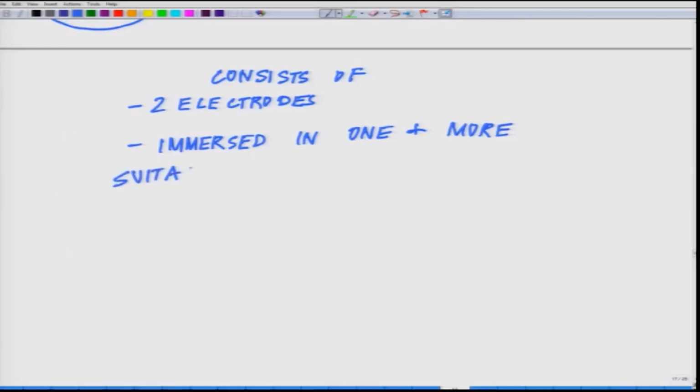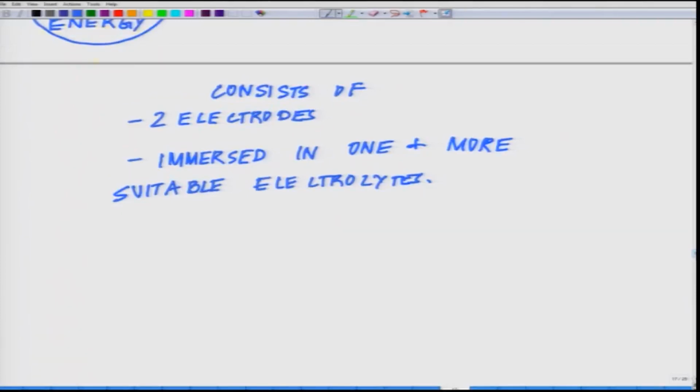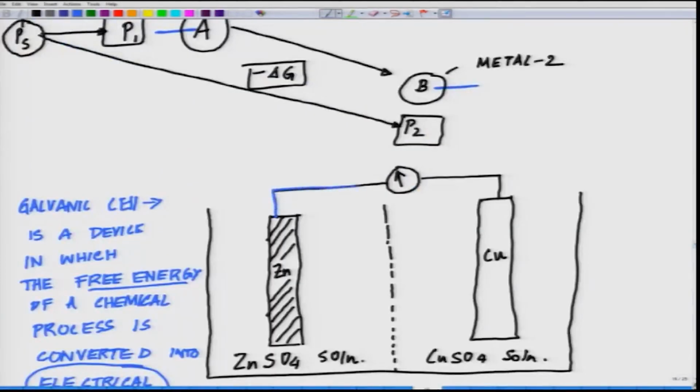At this point, we are talking about 2 different electrolytes. The electrodes are connected externally by a metallic conductor. So, this is the metallic conductor we are talking about, and here we have a different salt solution, that is zinc sulfate, and on the other side we have copper sulfate.